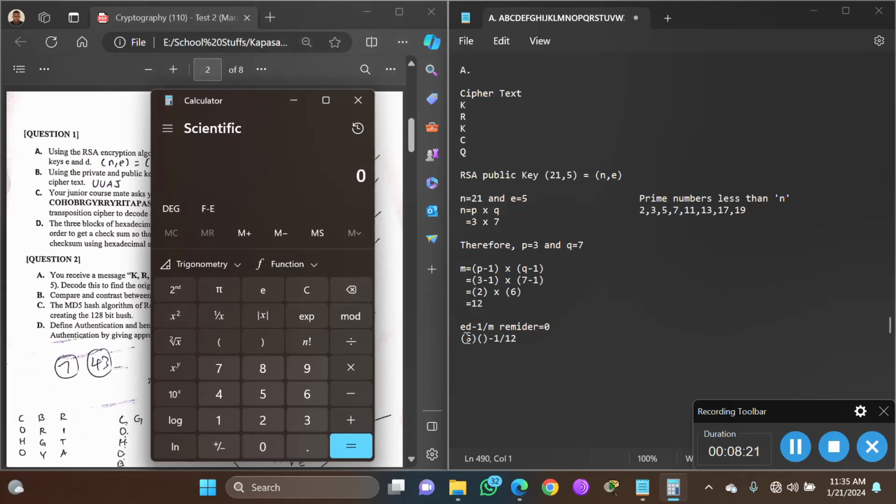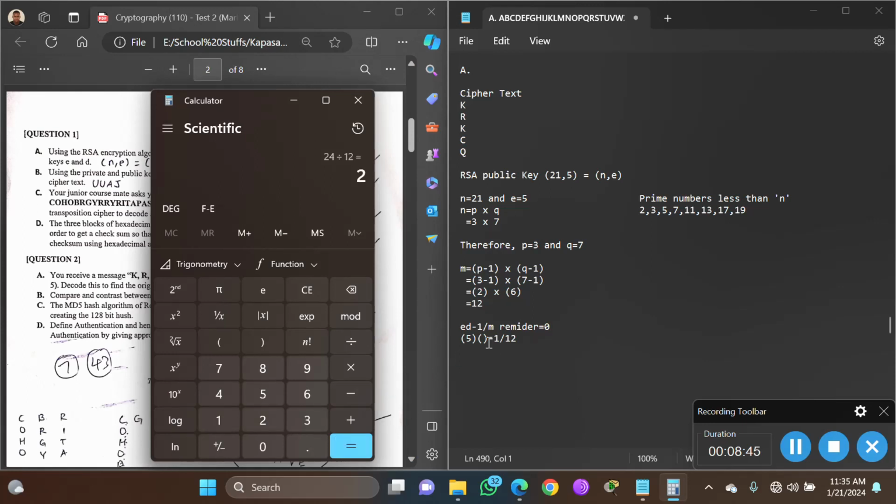So here we have 5. So 5 times this 5 we are replacing in place of D, which is giving us 25. Then we have minus 1, and we are getting 24. Then divide by 12, which is giving us 2.